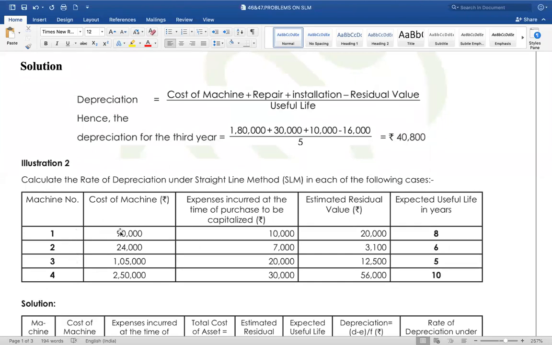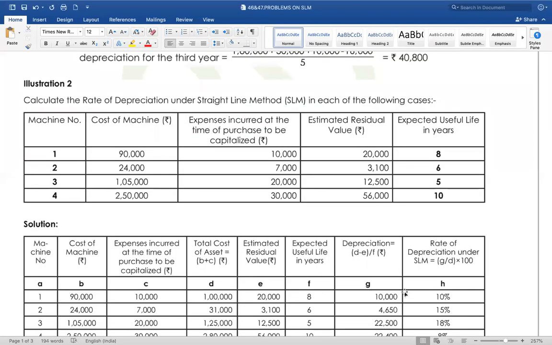The first machine: 90,000 plus the expenses incurred, 10,000, it becomes 1 lakh, minus the scrap value, 20,000. So 1 lakh minus 20,000, 80,000. 80,000 divided by the life of the asset, 8 years, gives you 10,000. That's the depreciation for the first machine.